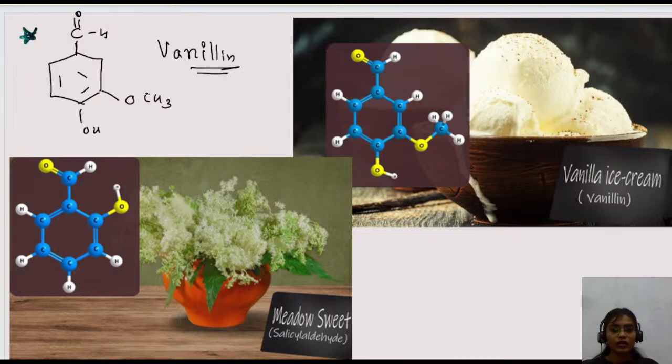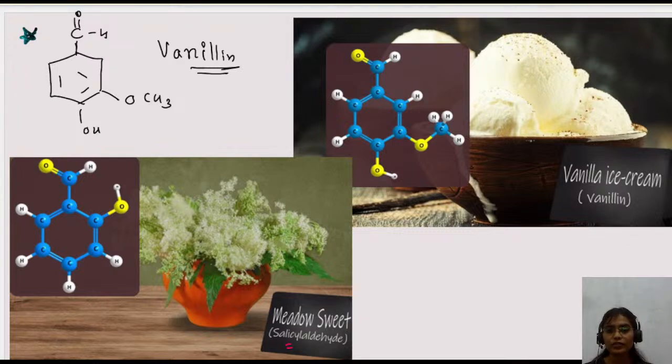Next, look at this one. What is it? It's meadowsweet. Maybe you already know this kind of flower. Again, it's important that the name is what? Salicylaldehyde. We already covered salicylaldehyde. If you remember, what was the name of the reaction where we prepare salicylaldehyde? Anyone?